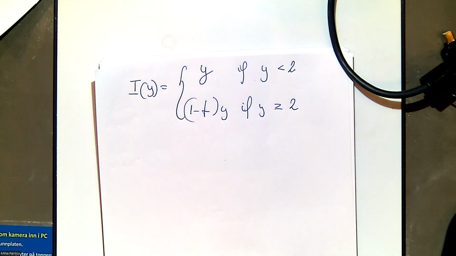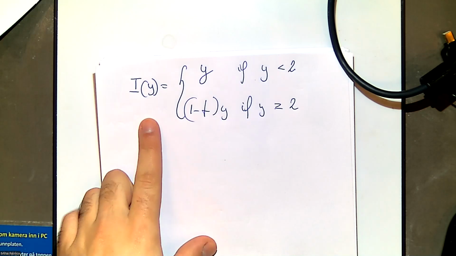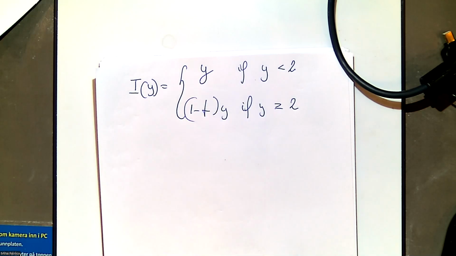This is a function. Is it well defined? Sure, it makes sense. Any value y you put in here, I can output a value for you, so it's a well-defined function.